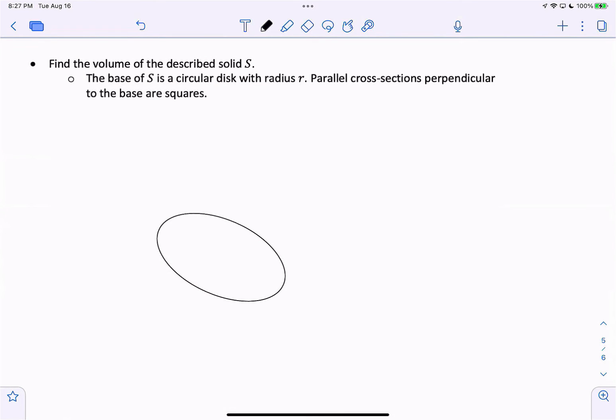So we're told that parallel cross-sections perpendicular to the base are squares. So let's just look at a segment that goes across the circle. I know, that looks like an ellipse, but think about this being in perspective. This is the base of a square. So imagine that that's a square. Again, perspective. It's a square. So at the edge of the circle, it's more narrow, which means that this is less high. And then we can keep going.